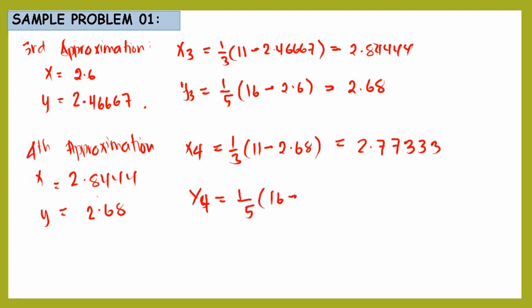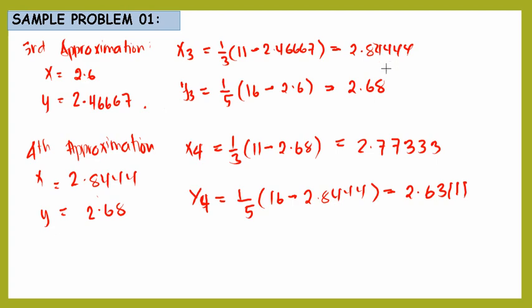16 minus x, that is 2.8444. So, that is 2.63111. So, yan na yung magiging fourth approximation natin. Ito na yung value natin ng fourth approximation. So, pagdating natin ng fifth approximation, yung x and y natin is this value.